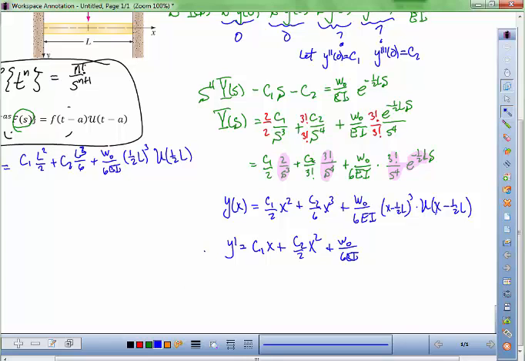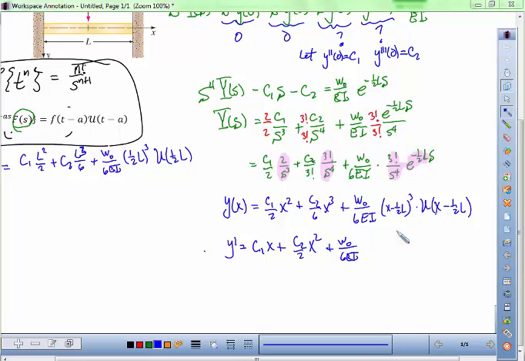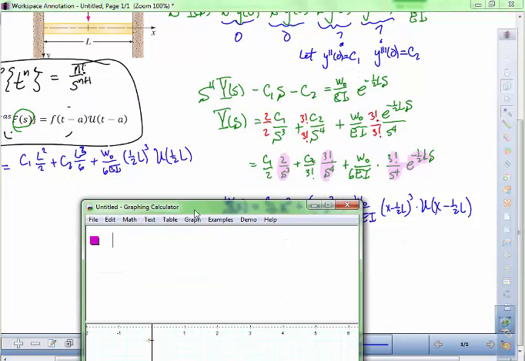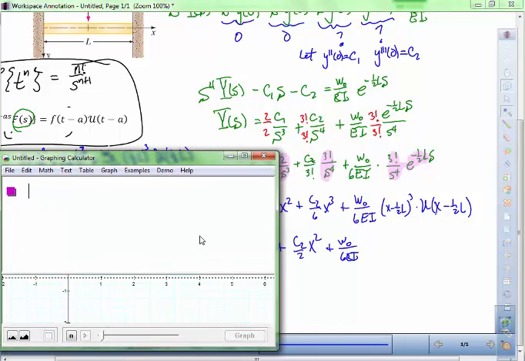Let's take a look at a graph and see if that'll help. Just to make things easy, let's assume that L is equal to 2 or something like that. So we got the U. I have that U thing.